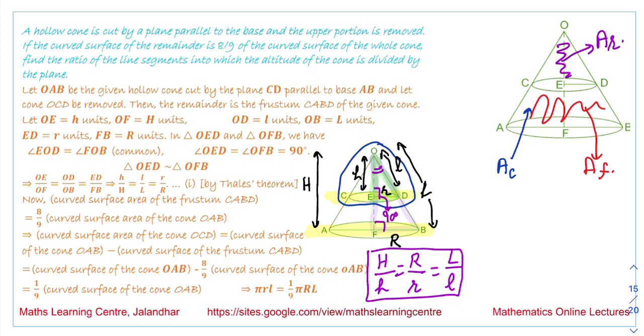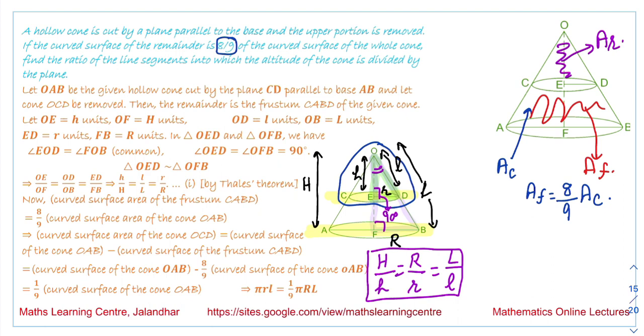Now, when we come to the part that is given to us, the curved surface area of the remaining portion is 8 by 9 times the curved surface area of the whole cone. So it is given that AF, the area of this frustum of cone, is equal to 8 by 9 times AC. This is one equation we have.